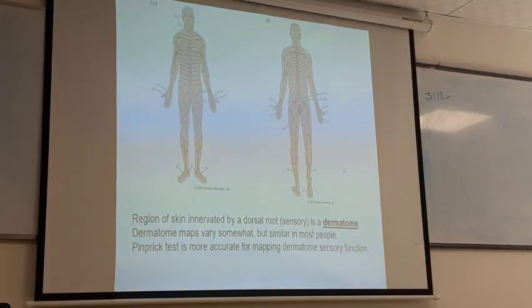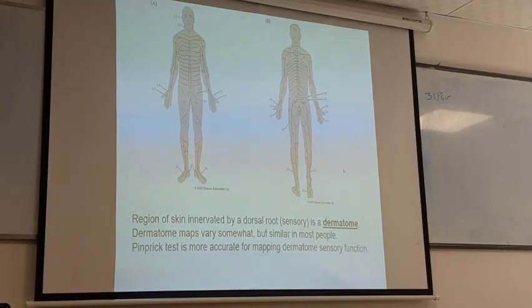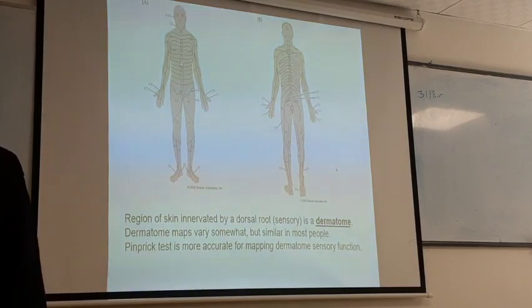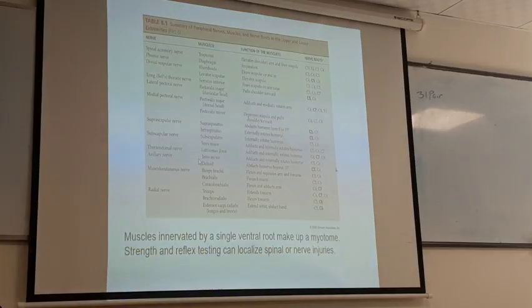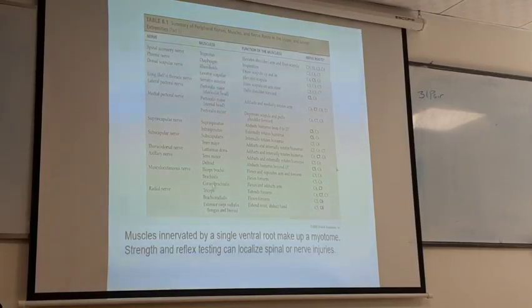But the nerves named ulnar, median, radial have motor and sensory roots. Dermatomes. This is the spinal nerve and muscle innervation.